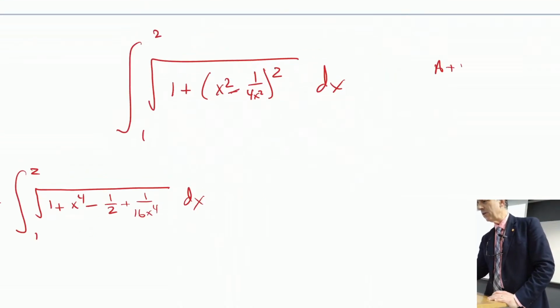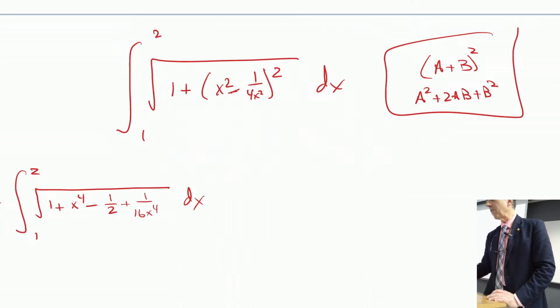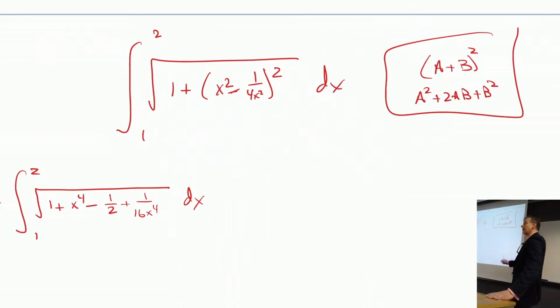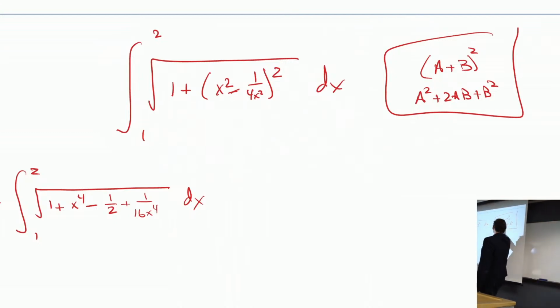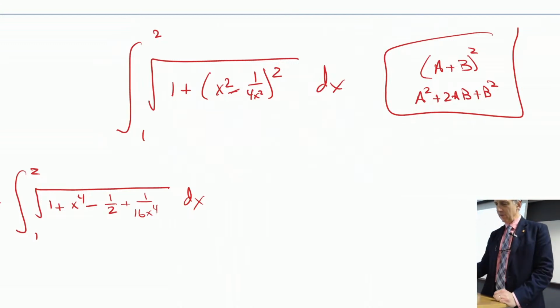This is such a useful thing to know. I'm going to write it down. There. Whenever I square a binomial, that's what I'm thinking in my head: you take the first thing, square it, you do twice the product of the two things, and so you have a negative here, that's why that's negative, and then you do the second thing squared. So it's just so useful, it makes things so quick.